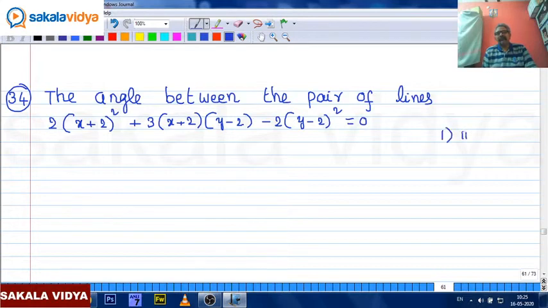First option pi by 4, second option pi by 3, third option is pi by 6, fourth option is pi by 2. This is the question.